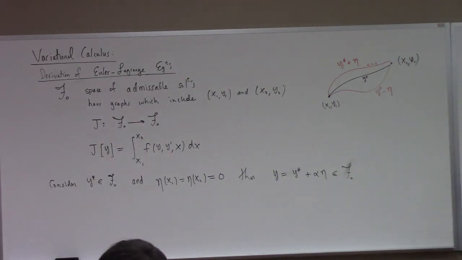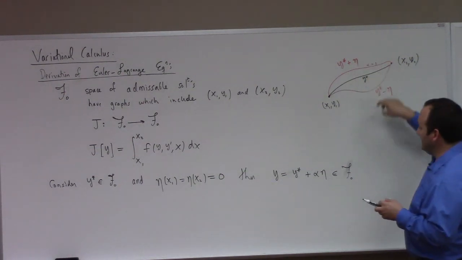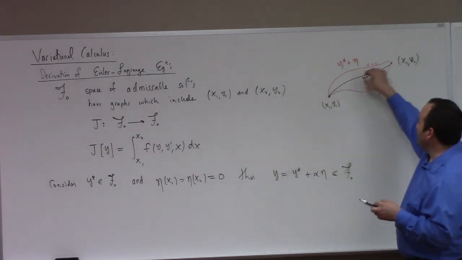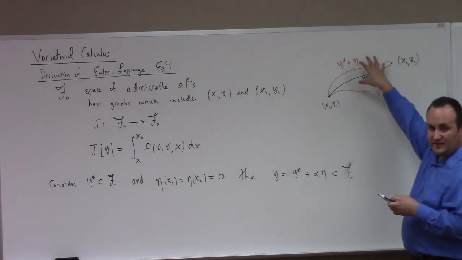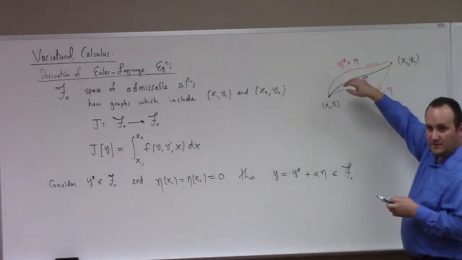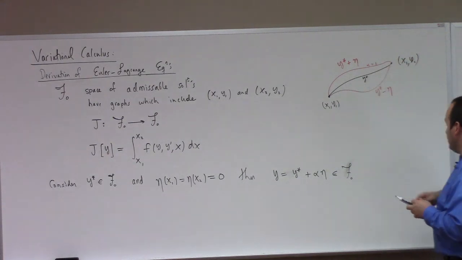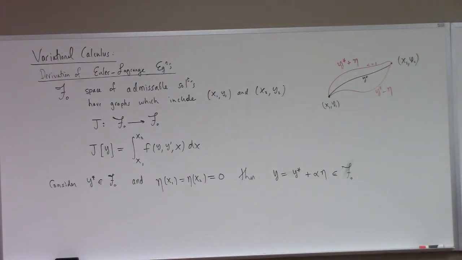The point is, as we adjust alpha, that variation, see, eta is the variation. That's kind of the idea: by adjusting this alpha, we've got paths which are close to y star, but not exactly y star.